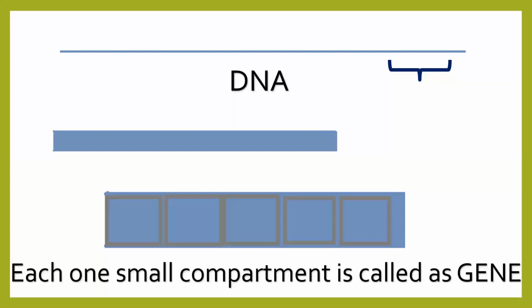Each small compartment inside the DNA is called a gene. So this is one gene, second gene, third, fourth, fifth. So there will be n number of genes. There will be quite a lot of genes.